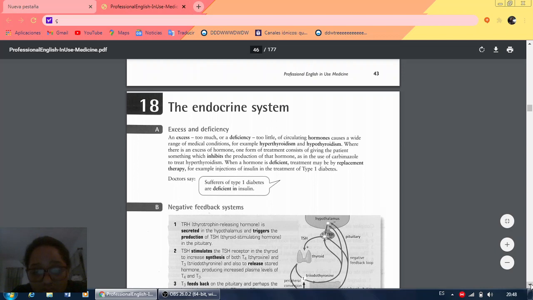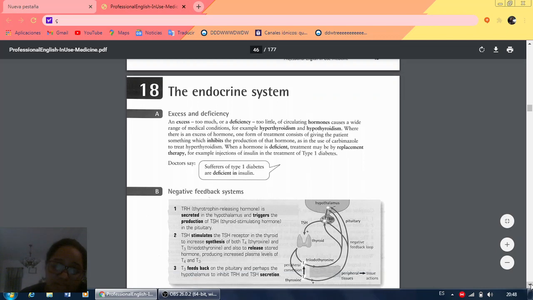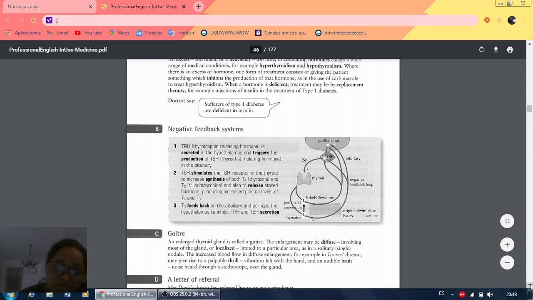Use cardiosomes the hypertos with homes different strain be replaced, for example inject of insult in train B. Diabetes negative bad symptoms is secreting the hypothalamus ingrains the productions impotence.